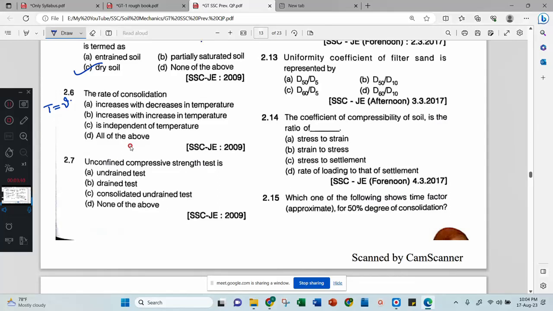With an increase in temperature, what happens to the viscosity of water? Viscosity decreases, sir. Viscosity decreases means the water becomes thin. Water becomes thin means water escapes very fast. Very fast escape means an increase in consolidation. Therefore, the rate of consolidation increases with an increase in temperature. B option.